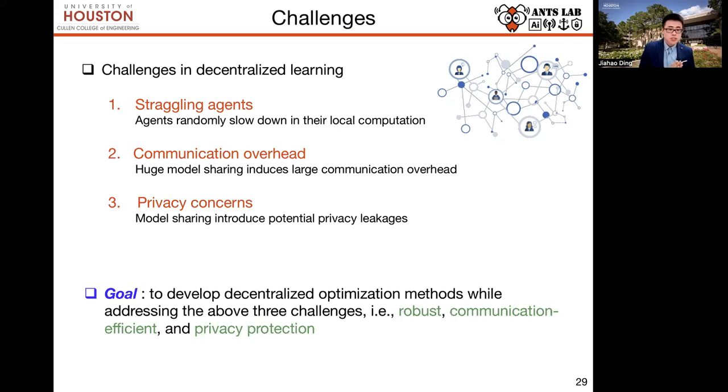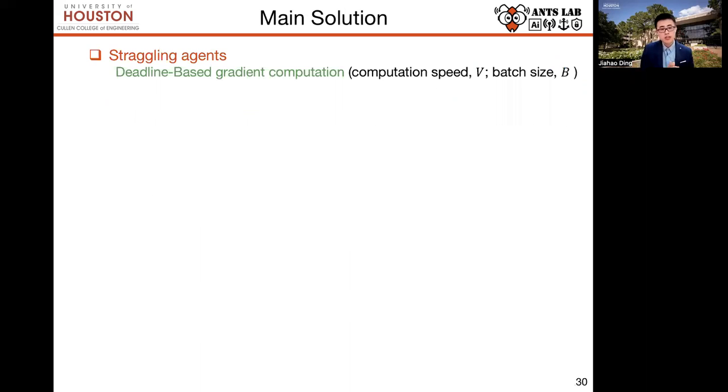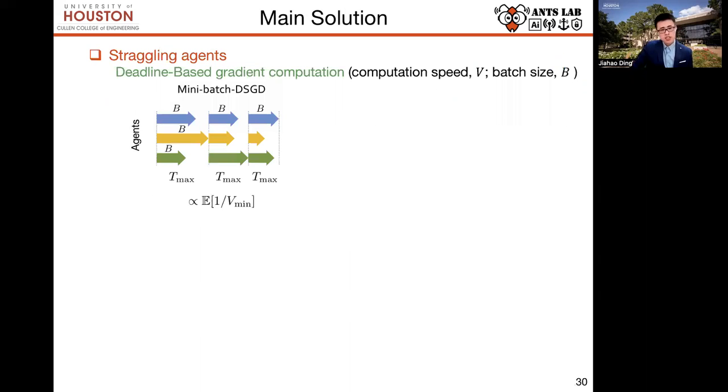So our goal is to try to develop a decentralized method that is robust, communication efficient, and privacy protecting. To deal with the straggler agents, we consider deadline-based gradient computation. Here, this part is the fixed mini-batch SGD, and each line means a different agent.